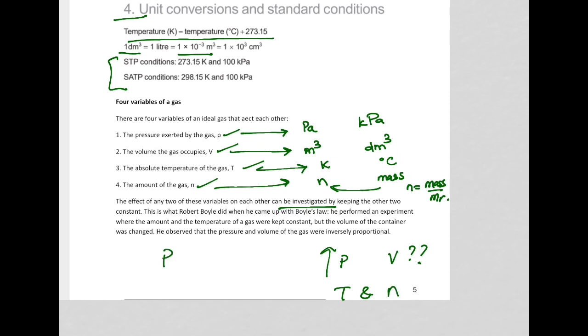We can look at how pressure is affected by temperature. So we can increase temperature and see what happens to pressure, but then we keep volume and number of moles constant.